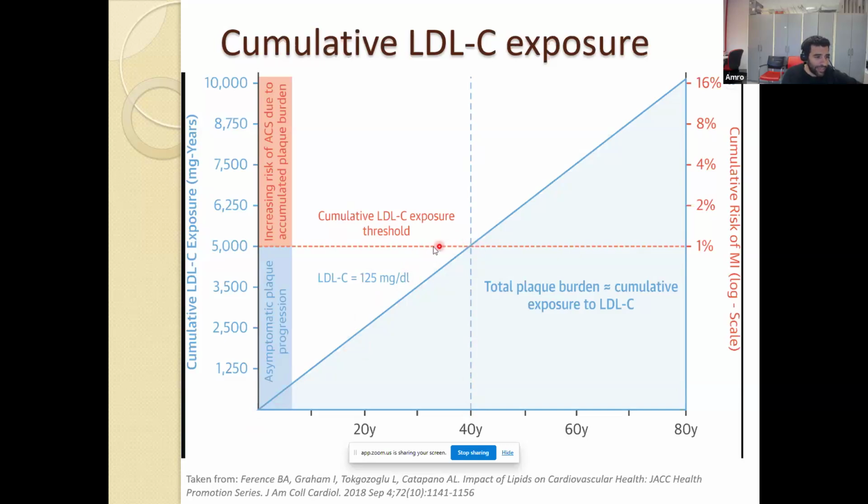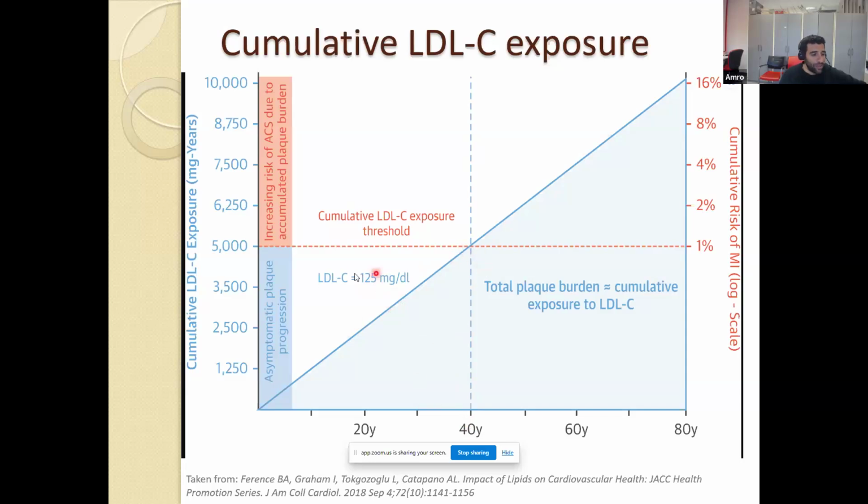And the magic number is 5,000 milligrams per deciliter. So all you have to do is take whatever your age is and multiply it by your average LDL cholesterol. So here, 40 times 125 is 5,000 milligrams per deciliter, or if you're going to use SI units, 3.2 millimoles per liter times 40 is 130 millimoles per liter.